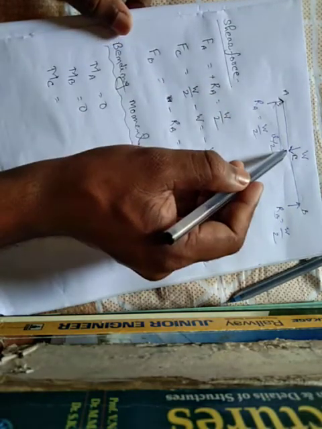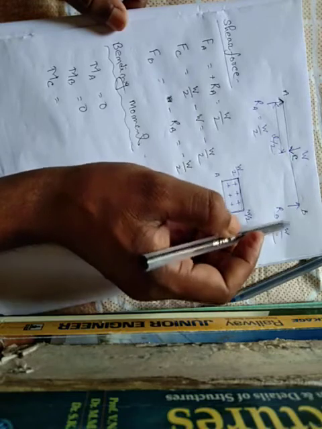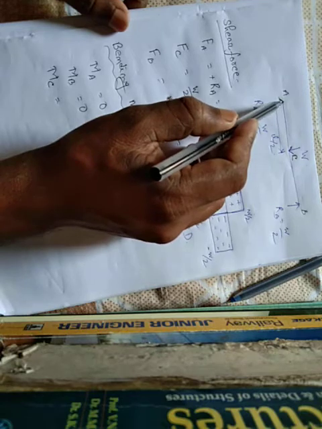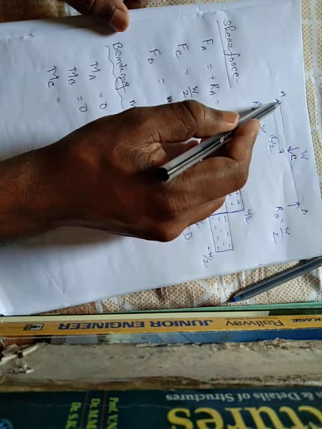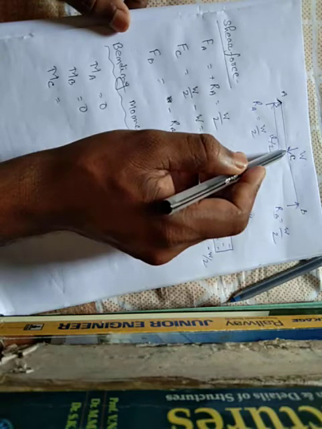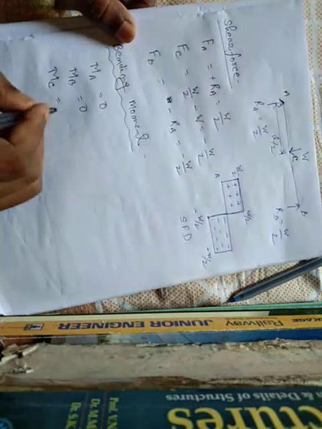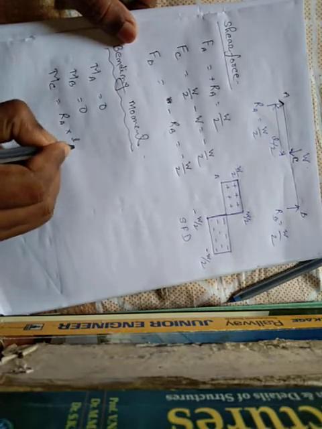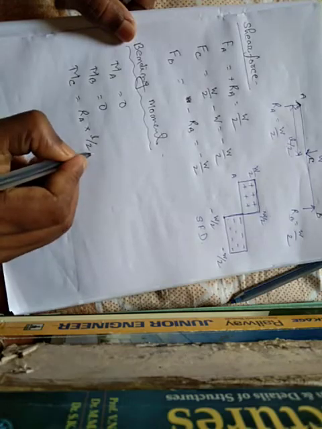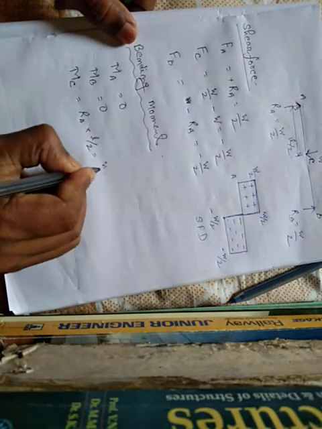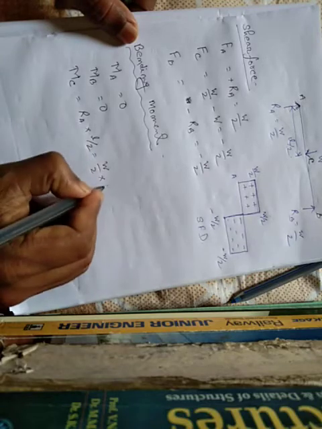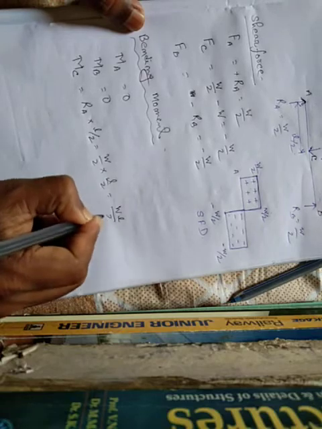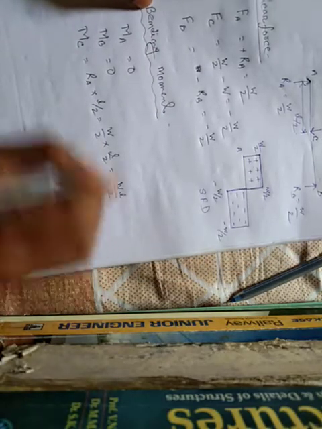Now find out the bending moment at point C. The reaction RA into the perpendicular distance L by 2, which is equal to RA equal to W by 2 into length L by 2, that is W L by 4. This is a linear equation.